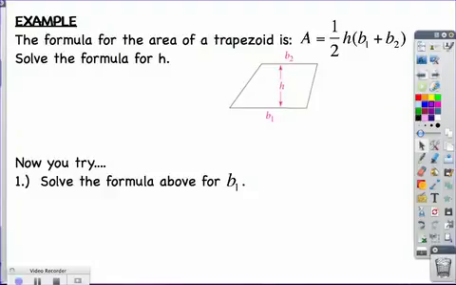So I'm going to multiply both sides by 2. Now I'm left with 2A equals h times the quantity of b sub 1 plus b sub 2. Now, h is being multiplied by the quantity of b sub 1 plus b sub 2. So the inverse would be to divide both sides by b sub 1 plus b sub 2.